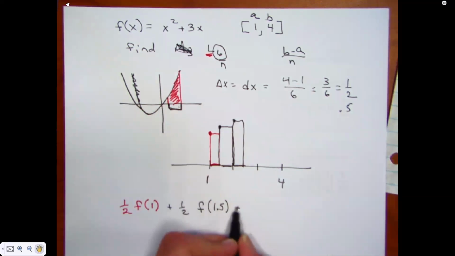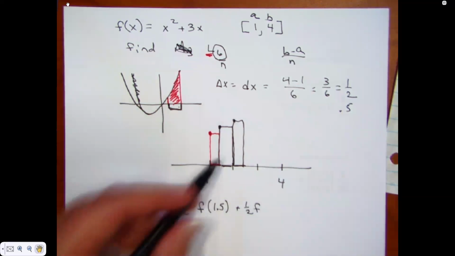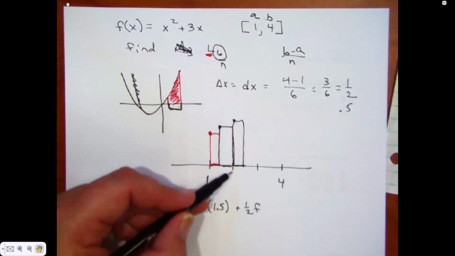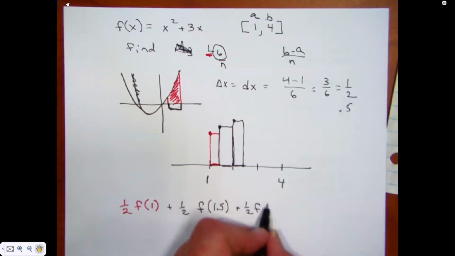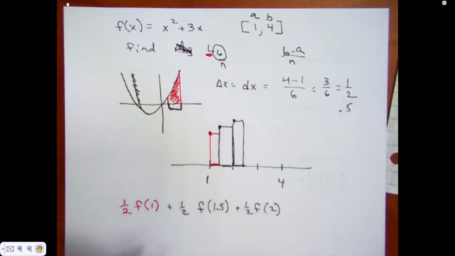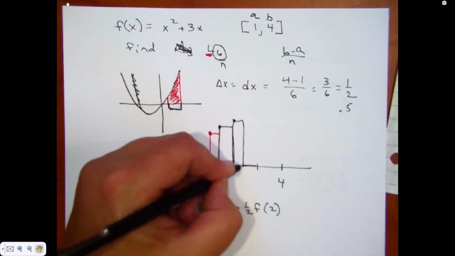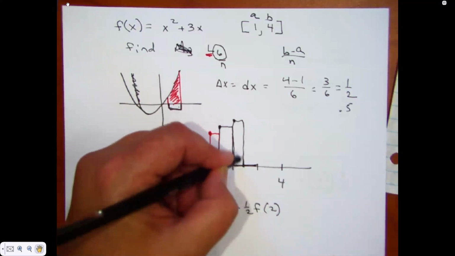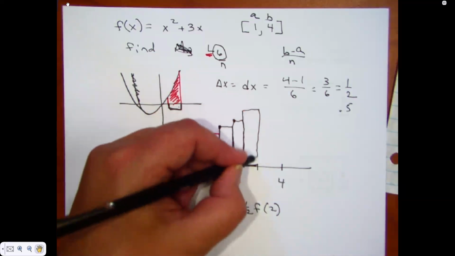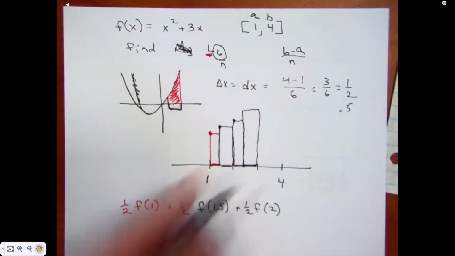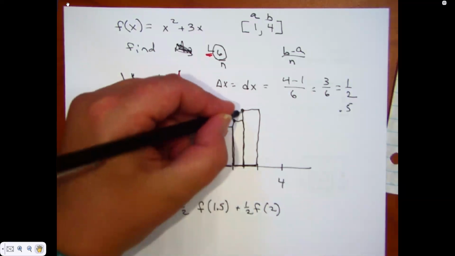Where's my height? My height is when x is 2. Okay, my height is when x is 2. Where am I at? Width of 1/2. I don't really know. My rectangle could be totally wrong as long as I understand that I need the height on the left.